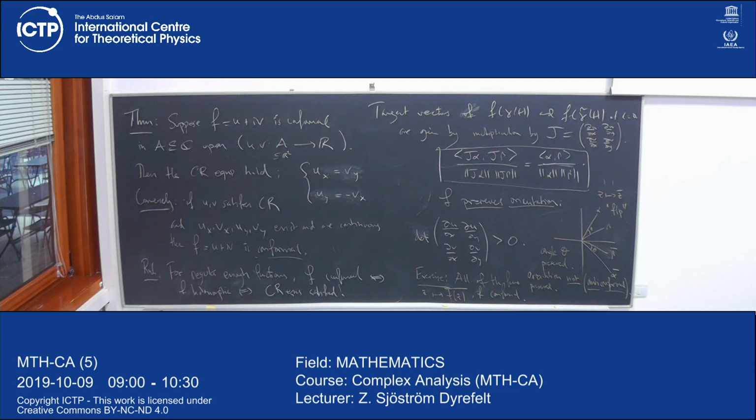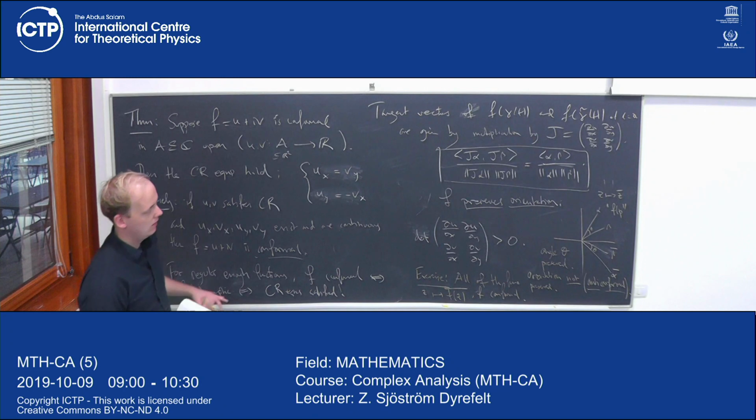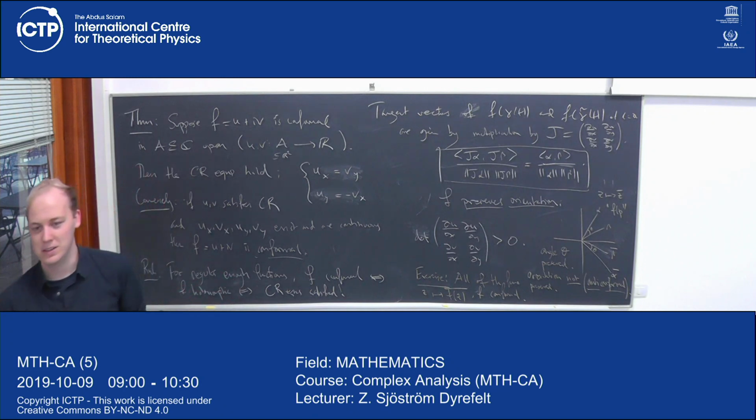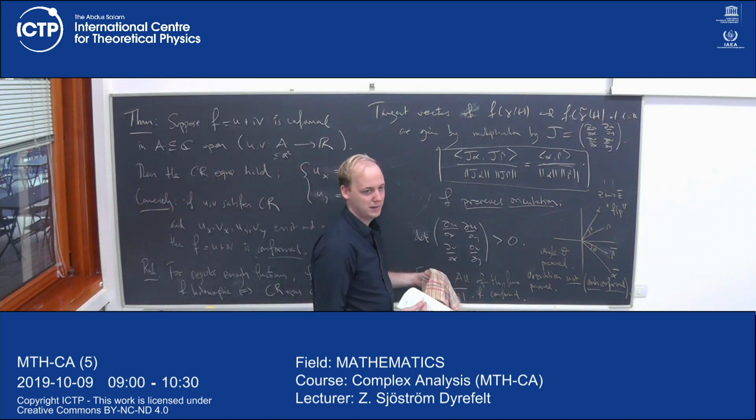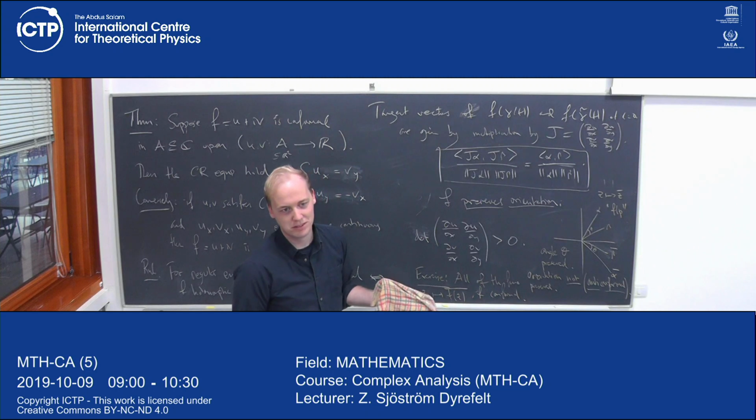If the map is conformal, then the matrix of the differential has the form A, B, minus A, B. So if it's conformal and has some regularity condition, then the Cauchy-Riemann equations are satisfied automatically. At least we need this matrix to exist, otherwise we cannot talk about it.